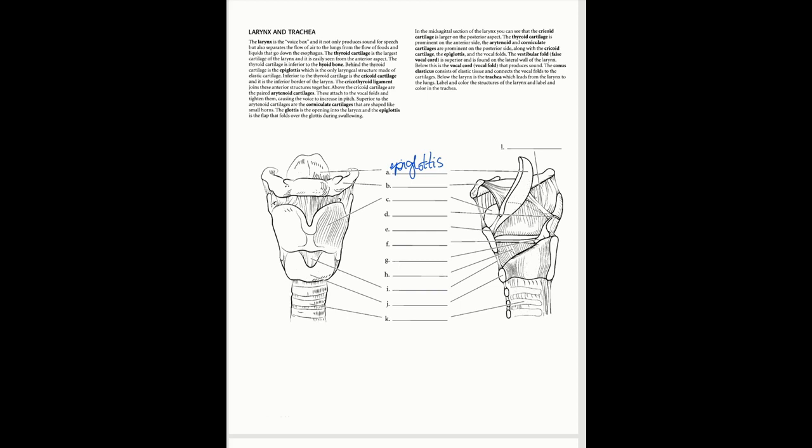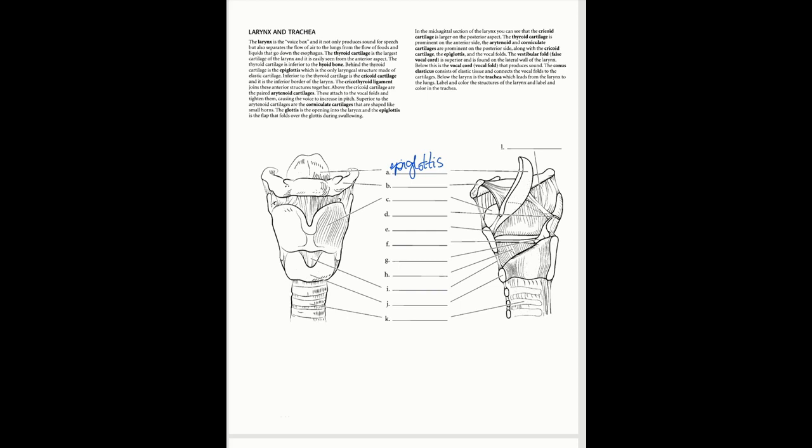So as you are ingesting food, keep in mind the pharynx is a shared portion of your throat that's both digestive and respiratory. Once food passes through that pharynx, it needs to make its way into the esophagus.